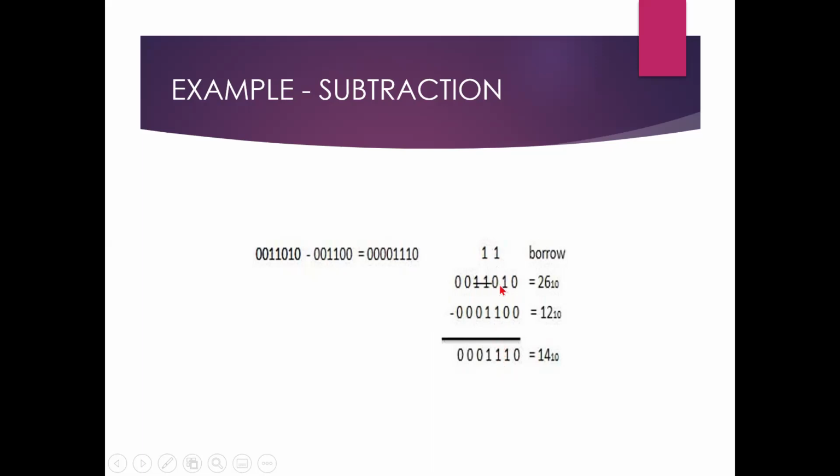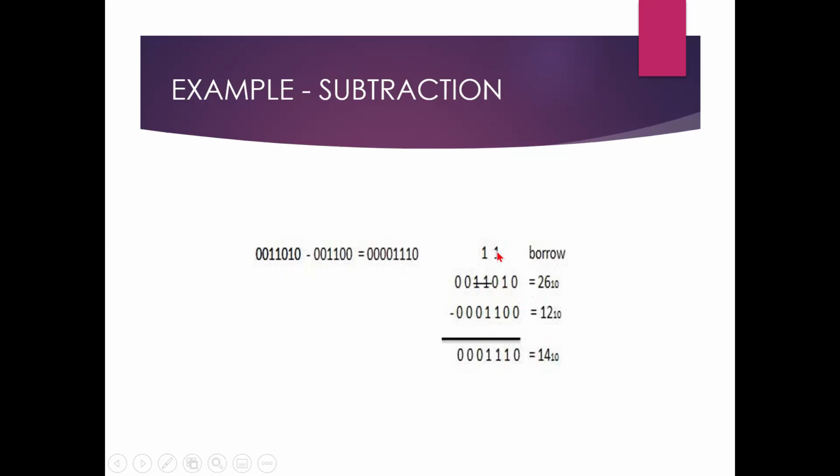You have borrowed 1 from here. That means here 0 is there. From here again borrow 1. This 1 and 0, 1, 0. 1, 0 minus 1, 1. Here anyway it is borrowed, means here it is 0. 0 minus 0, 0. So this is the subtracted value. I repeat once again, 0 minus 0, 0. 1 minus 0, 1. 0 minus 1 cannot be done.